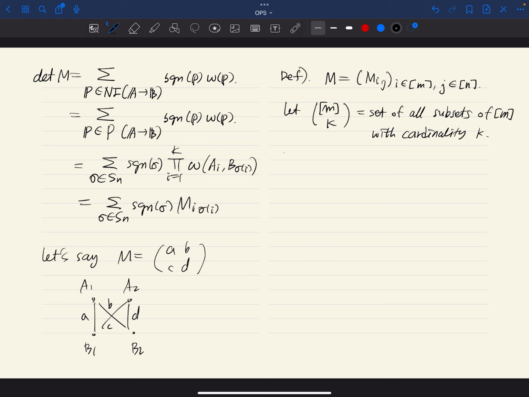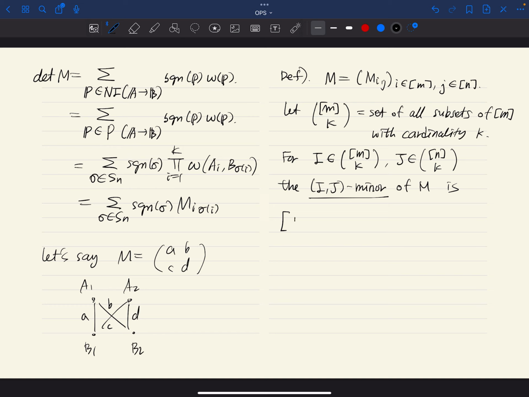So for a subset I of [m] with cardinality k, and a subset J of [n] with cardinality k, so that they have the same cardinality, the IJ minor of the matrix M is denoted by bracket M with I comma J. This is just a number, like a determinant of M_ij, but with i in the chosen index set I and j in the chosen index set J. This is called a minor.